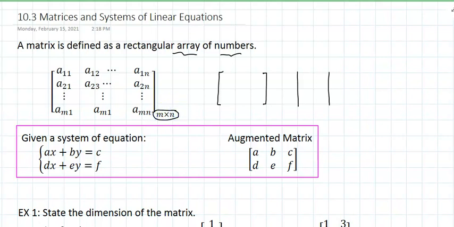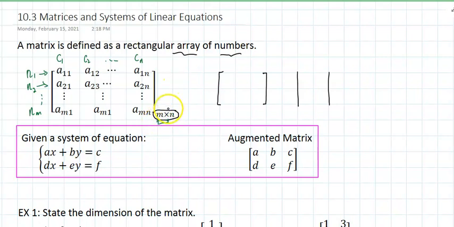consists of dimensions. This is column 1, this is column 2, all the way to column M, column N. This is row 1, this is row 2, and this is row M. So you always write the number of rows and the number of columns.